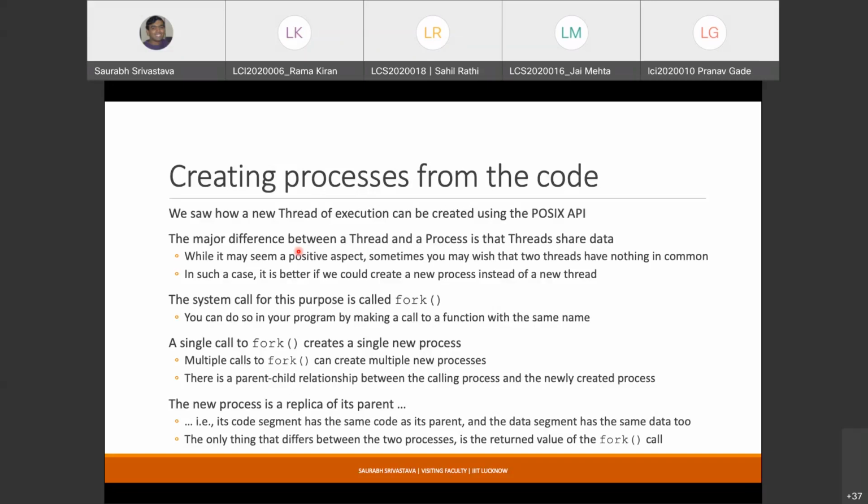But the major difference between a thread and a process is that threads can share some kind of memory segment. With the help of this, there are variables which can be shared between each other. So there is a data part which is shared by the threads.